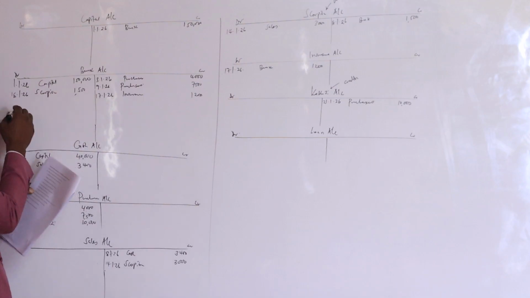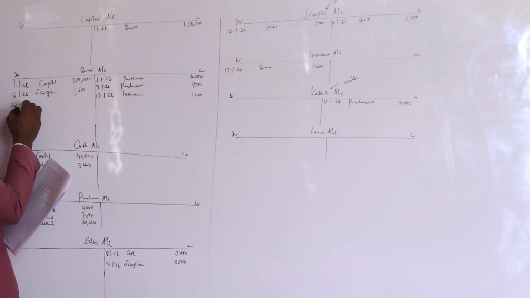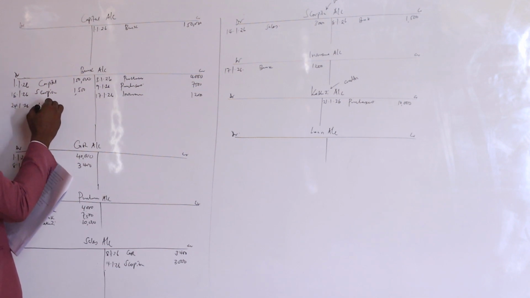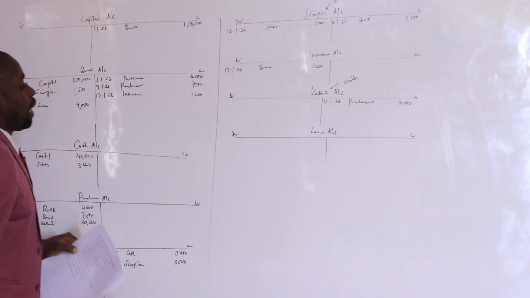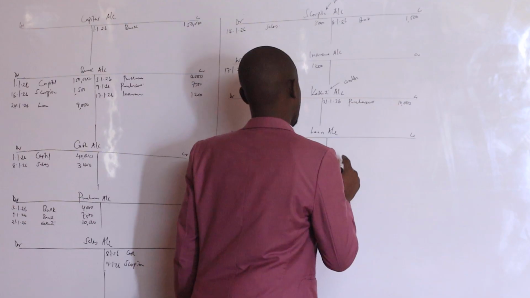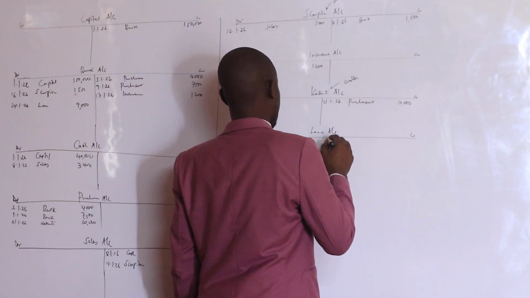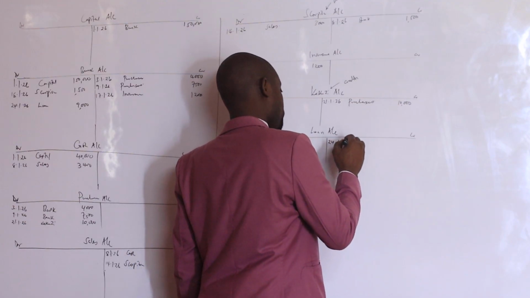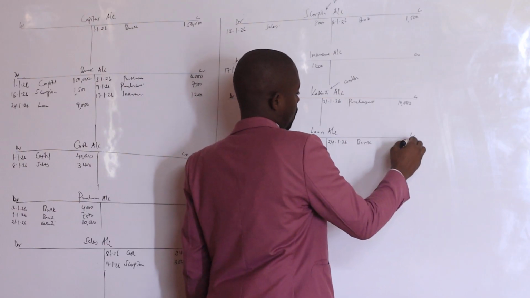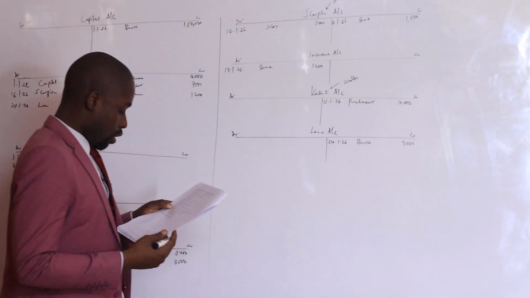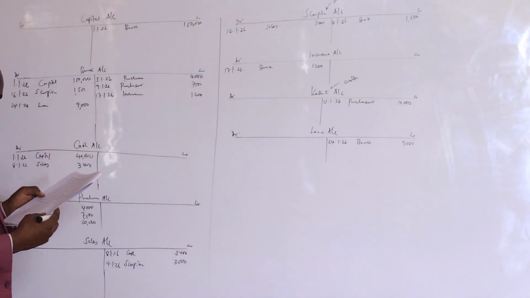So on 24th, we've got a loan worth 9,000. Then we credit it here on 24th. That is bank, $9,000. Then we go to the 25th one.